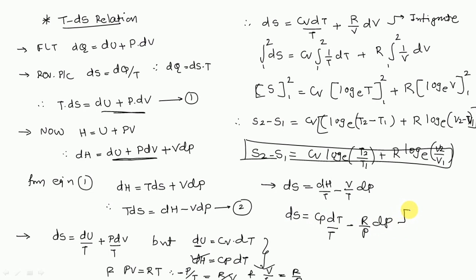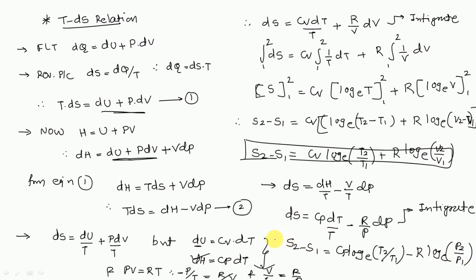Now next we need integration. So if we integrate this equation, then we get S2 minus S1 is equal to Cp log base e T2 by T1 minus R log base e P2 by P1.